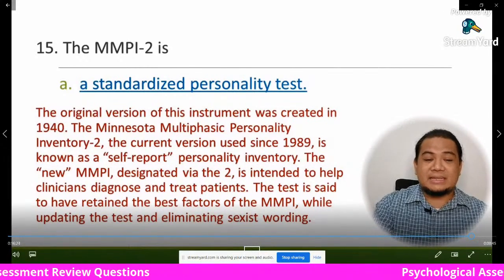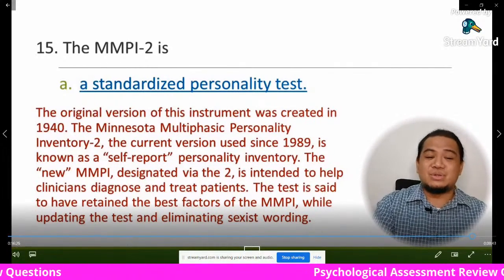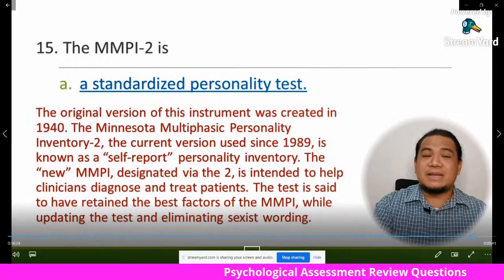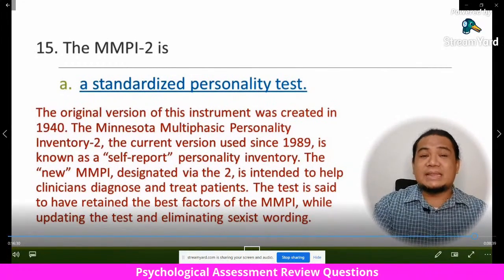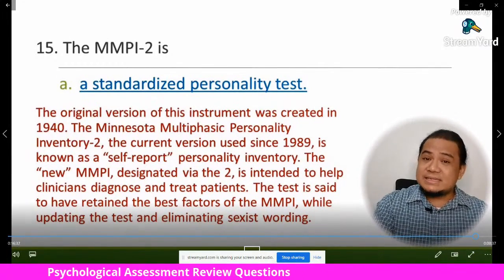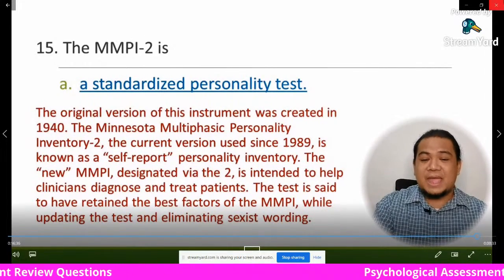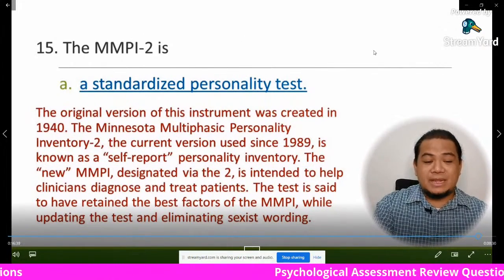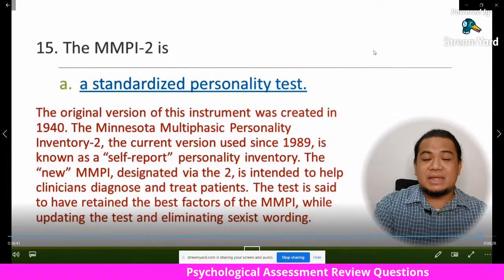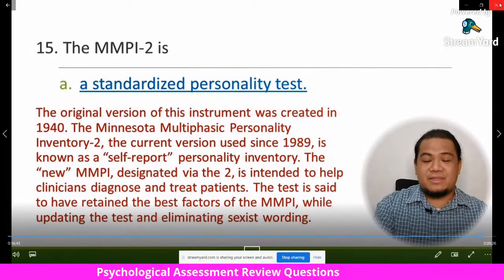The new MMPI, designated via the version 2, is intended to help clinicians diagnose and treat patients. The test is said to have retained the best factors of the MMPI while updating the test and eliminating sexist wording.